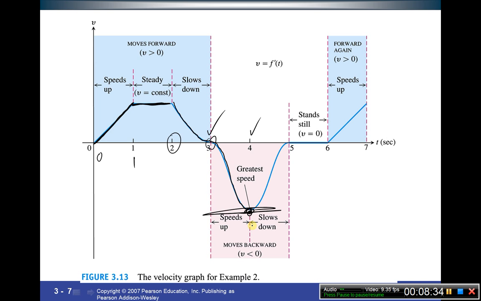Its velocity is negative, but its speed is the largest that it has been. During this time, it's moving backwards.